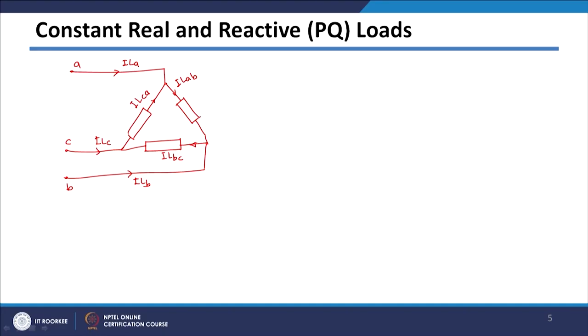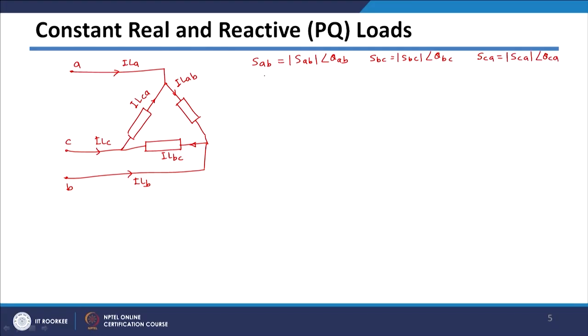In this case, similar to our star connection, we can again write the equations. SAB, which is the load between A and B phases, will have SAB magnitude and its angle is say theta AB. Similarly, SBC will have magnitude SBC and its angle will be theta BC, and SCA will have SCA magnitude and its angle will be theta CA.